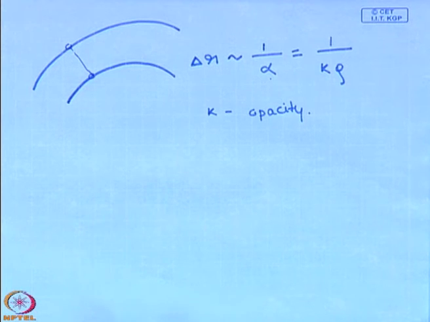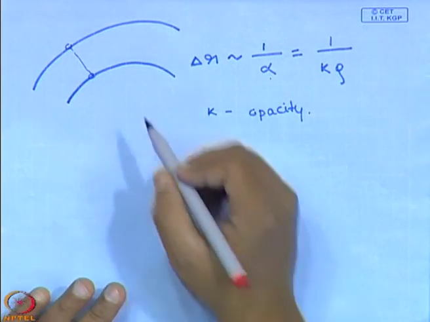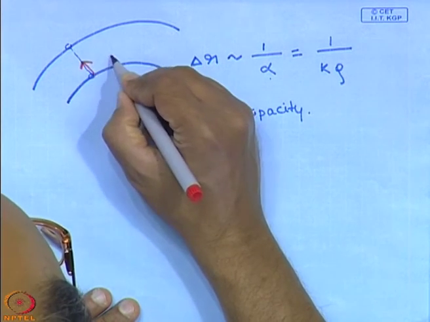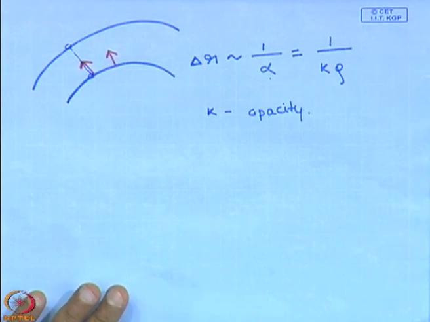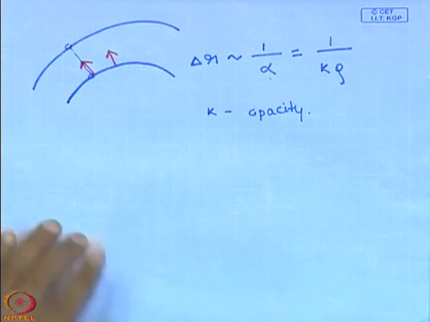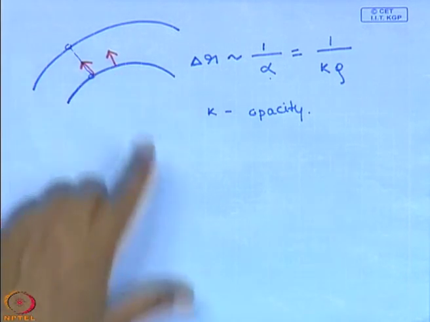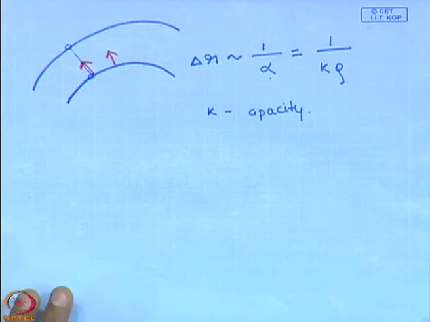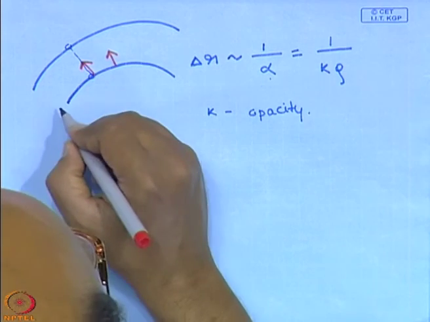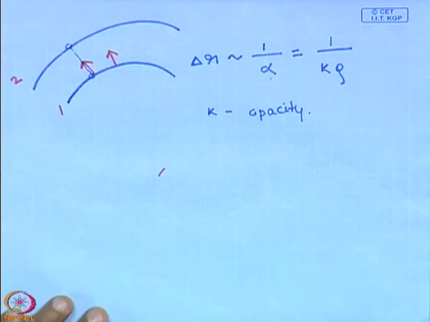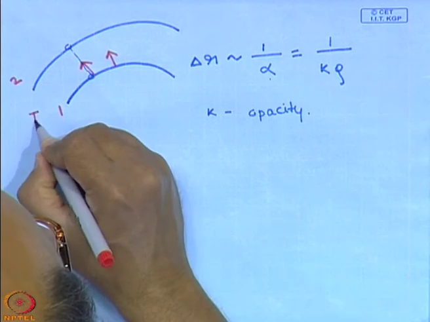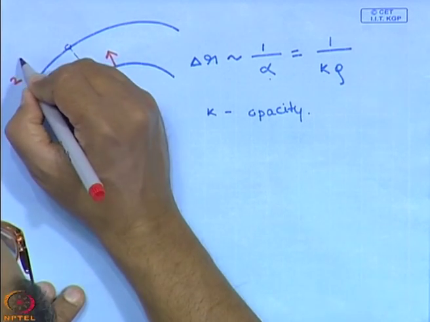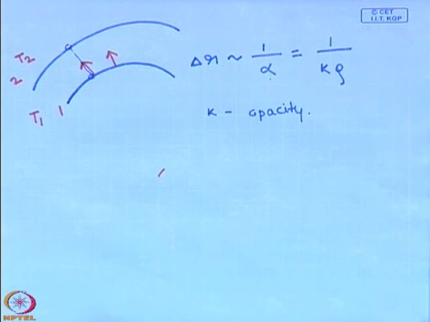Okay. Now, let us calculate the energy flux which is incident, which is being radiated by this surface. The energy flux being radiated out from this surface is, okay, we will call this 1, we will call this 2. The temperature here is T1, the temperature here is T2. Okay.